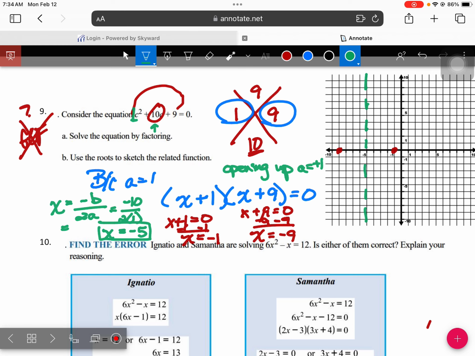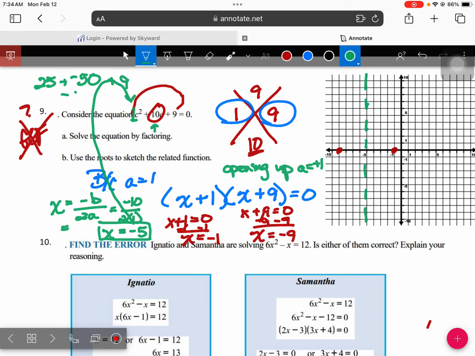If I really wanted to find the vertex, I know my x value is negative 5. It doesn't say we have to do that, but we got a little time. So I would substitute this in and say negative 5 squared is going to be 25, plus 10 times negative 5 is going to be a negative 50, plus 9. Ooh, maybe I didn't want to know all that.